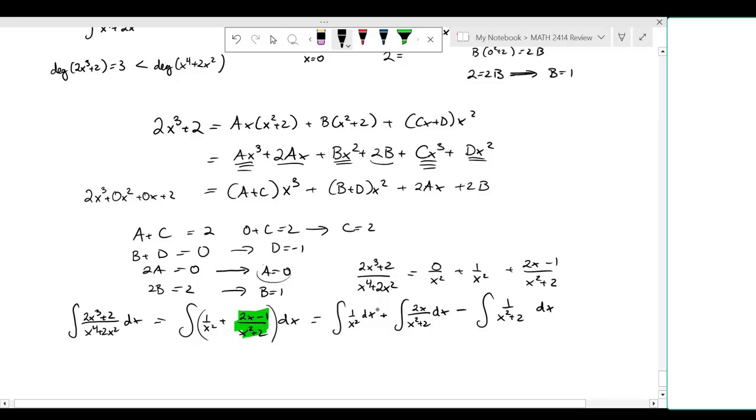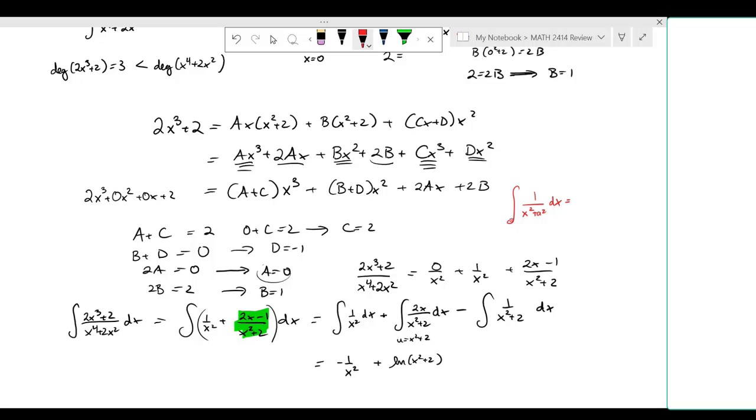Okay. So the first antiderivative is simple enough. The second one is a u sub. You let u equal x squared plus 2. So that will give you log of x squared plus 2. And I guess we should recall that formula, right? So what's this antiderivative without using trig sub?